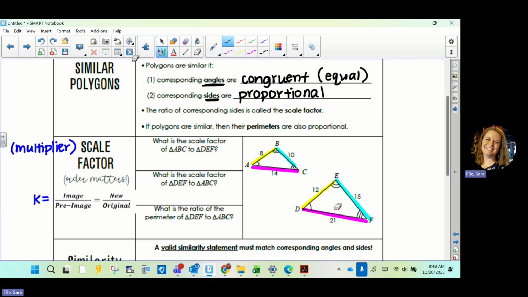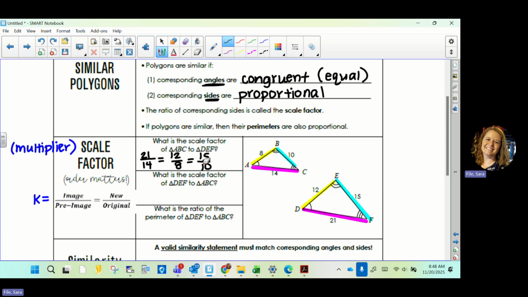So when I do new divided by old here, I could do with the pink, 21 divided by 14. Or with the yellow, that's 12 divided by 8. Or with the blue, that's 15 divided by 10. And if I went to check these in my calculator, all of them come out the same because they are all equal. They're all proportional.